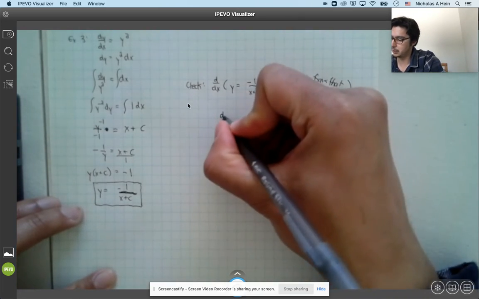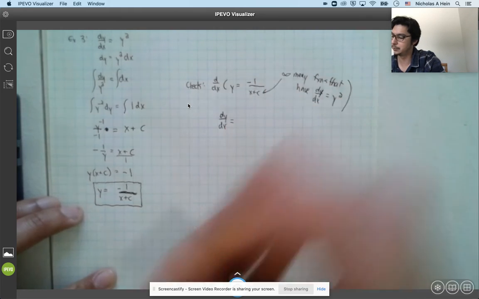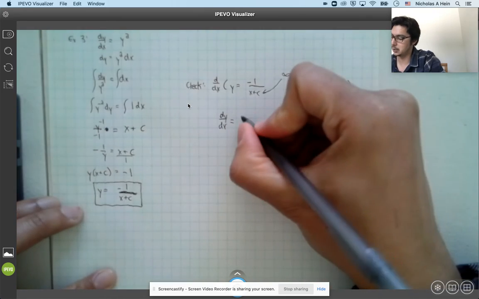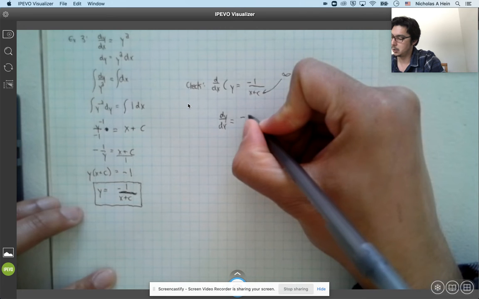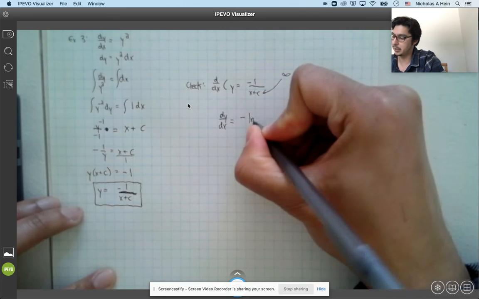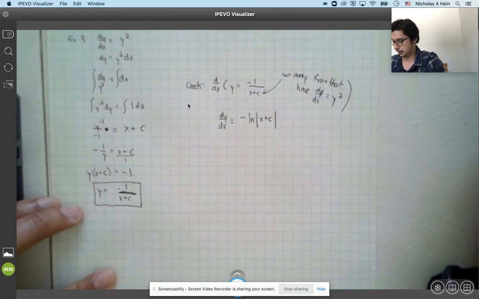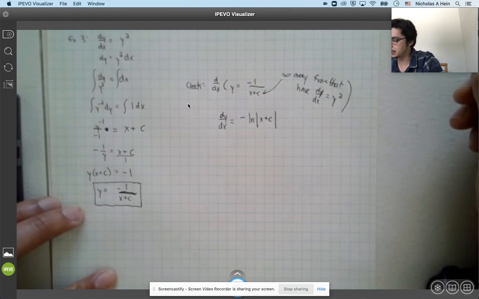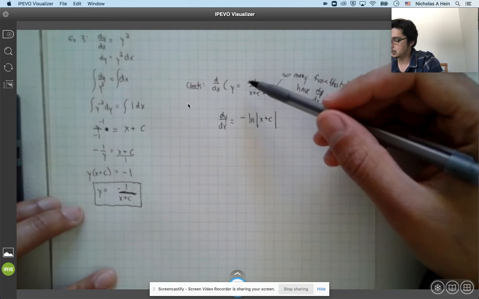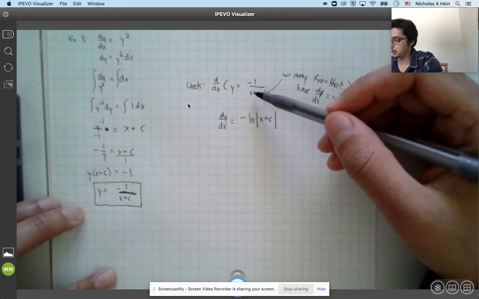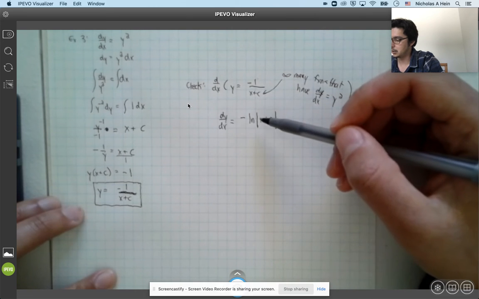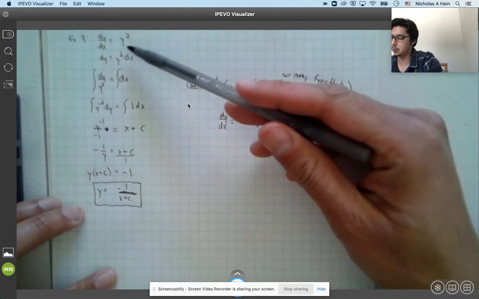So the derivative of this is going to be dy/dx is equal to, now this is -1 over (x plus c), so it's going to be negative. And then since it's x plus c, it's going to be the natural log of x plus c. Okay. And let's see, how can we check this one? The derivative of that is -1 over x plus c. Now is this, and we're trying to get y squared.